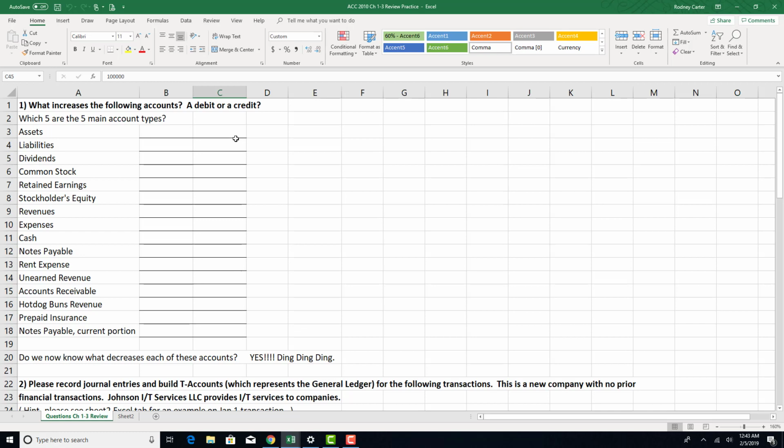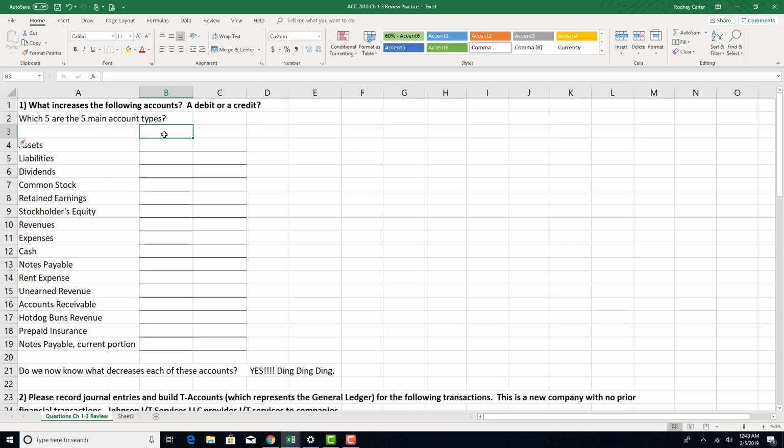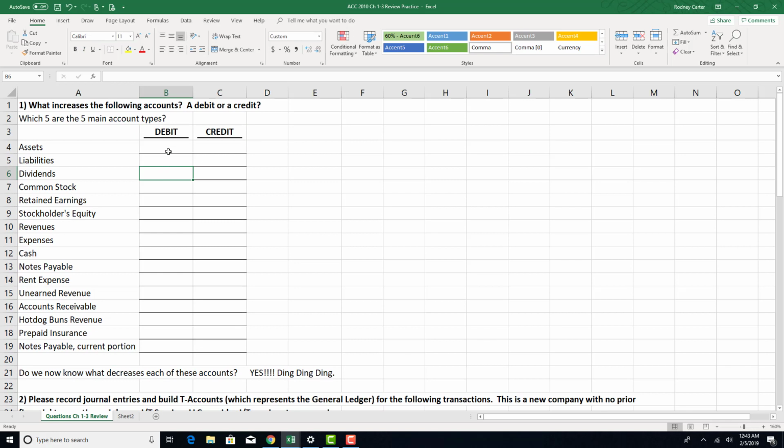So here we go. This asks us what increases the following accounts. So we are trying to figure out what increases an account and what decreases an account. So if I could add something here, I'd maybe add in a debit and a credit column, just so that we can see this from this angle.